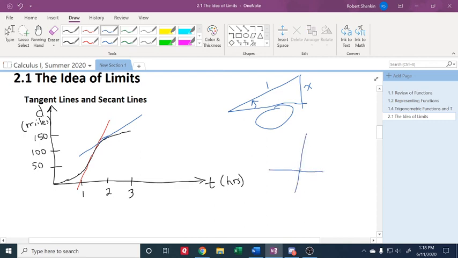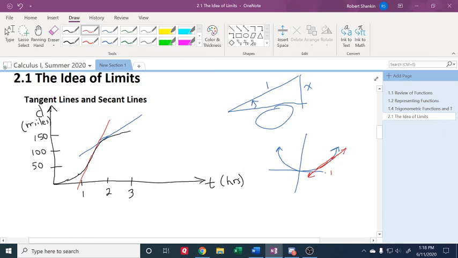If you have a parabola, we might start by asking, and we'll be doing this in a little while, what's the exact slope of the tangent line when x is 1, when it just nicks the curve there?